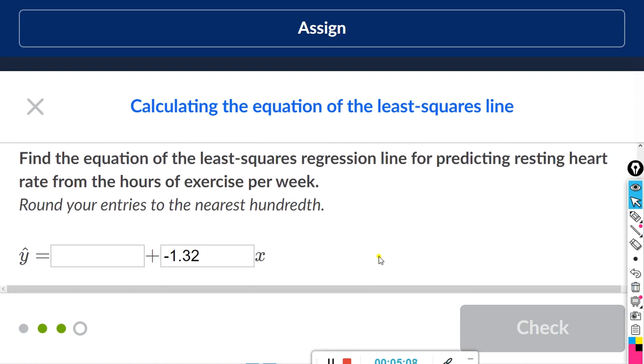Okay, so in order to solve for B, you want to plug in X bar and Y bar, because these coordinates are one of the points on the line. So if you plug this in here, you can solve for B. So let's do that.